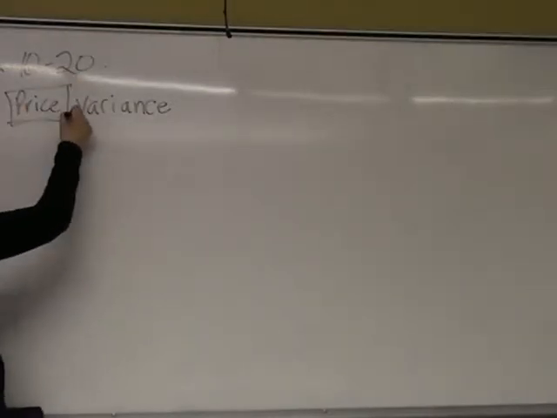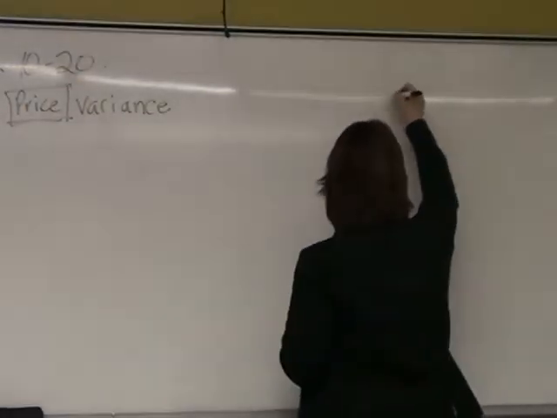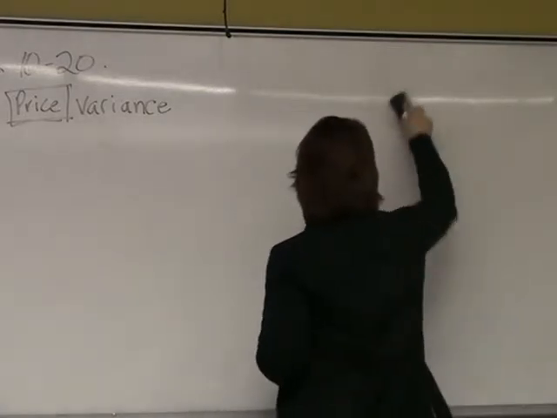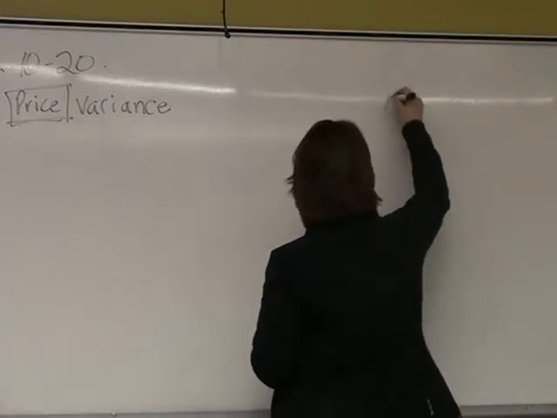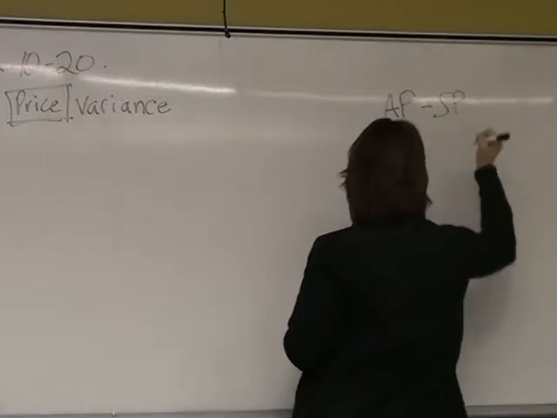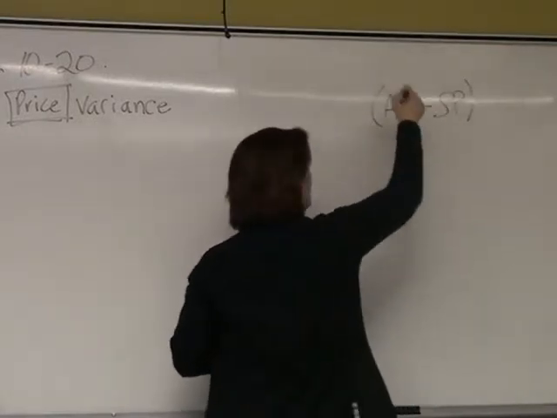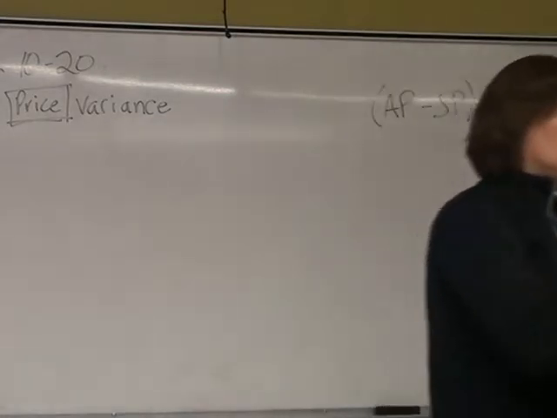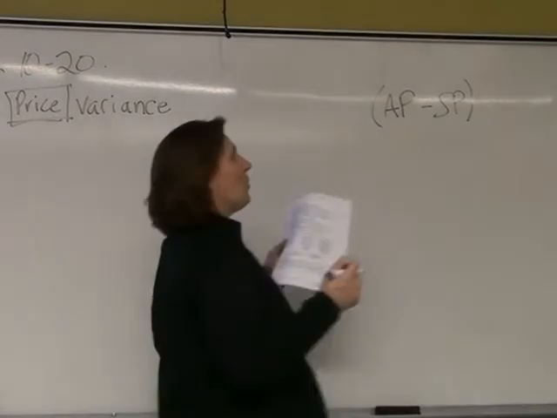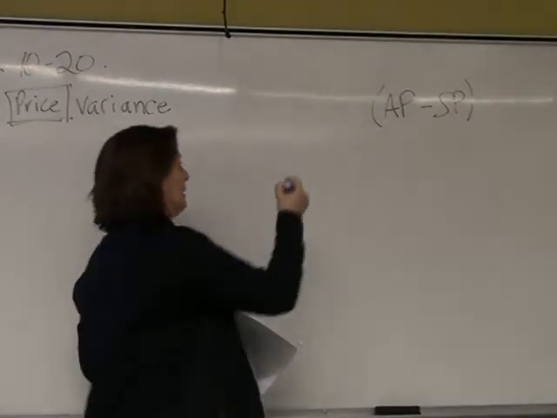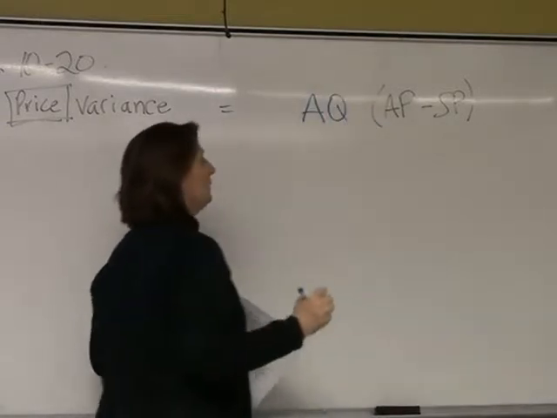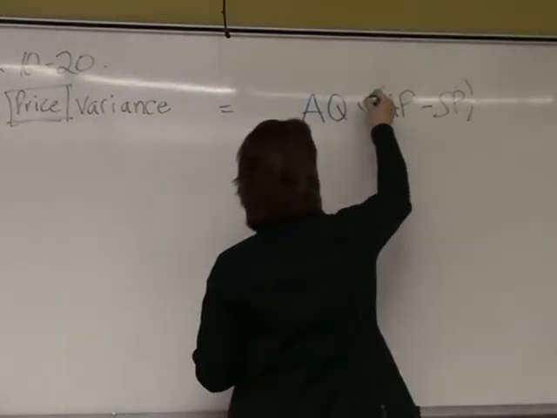When we hear price, that means we take the standard price from the actual price, right? We paid the actual price, and we take the standard price away from that. That's the real heart of this variance. And we multiply that by actual quantity.